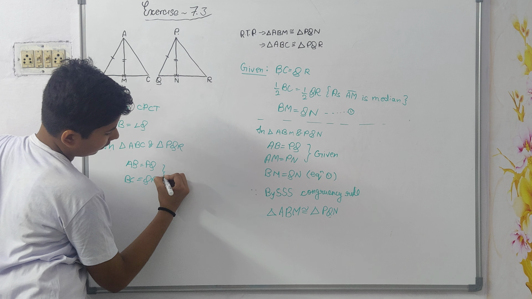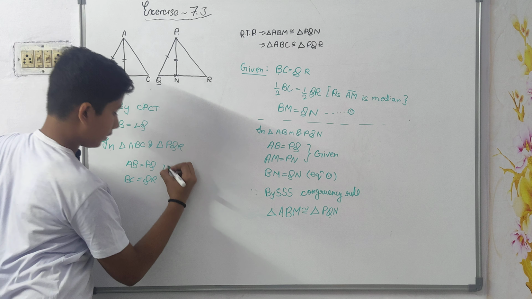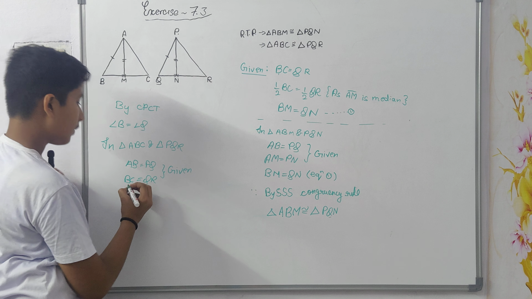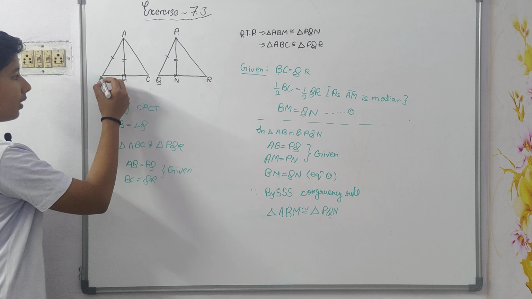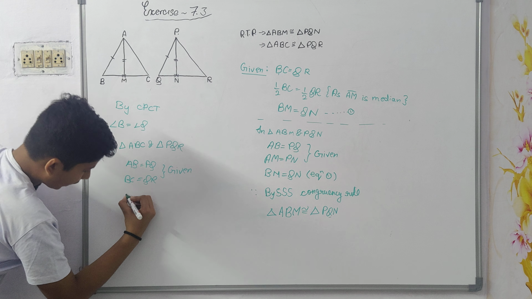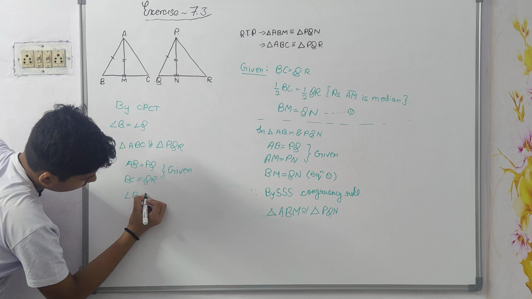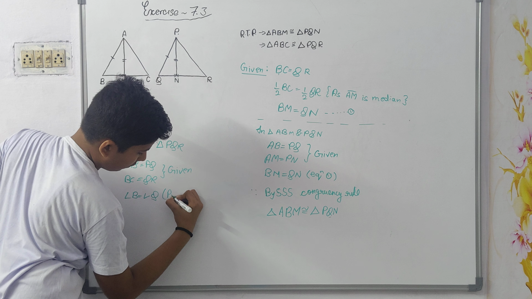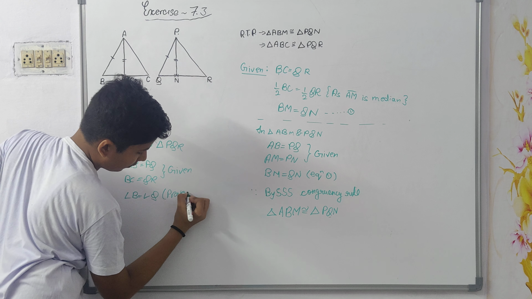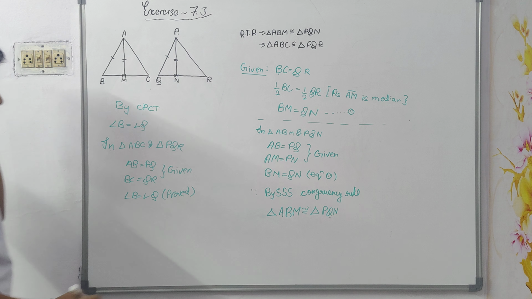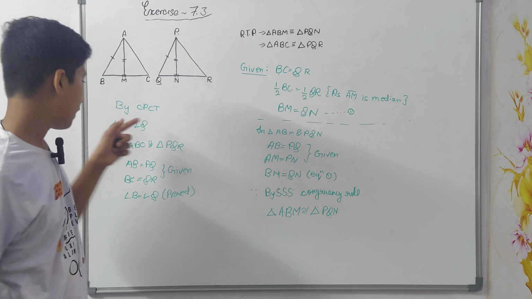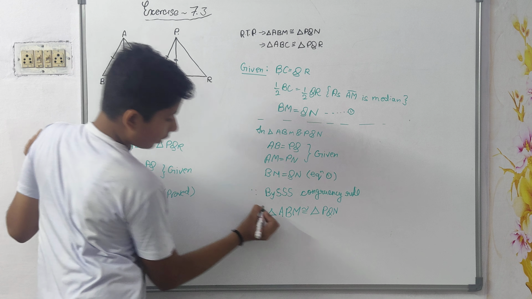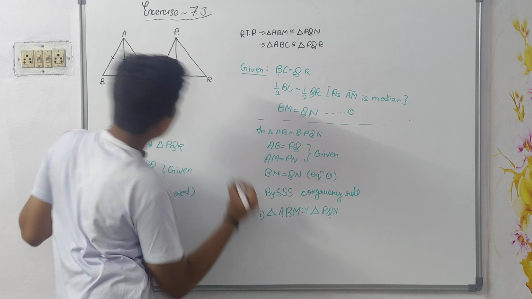Again we'll write given as in this question. At last we'll write angle B equals angle Q. Proved. Okay, because we have already proved this by CPCT. Therefore, by which rule? First of all, let's mark this as the answer.